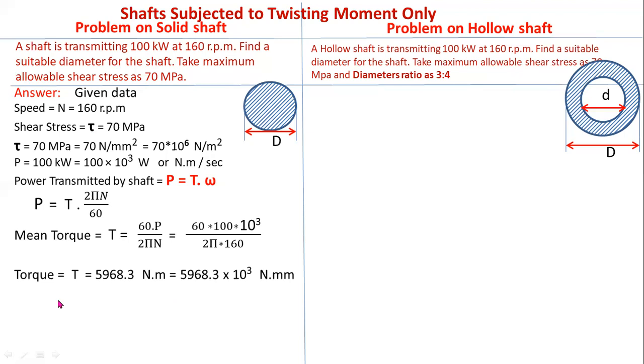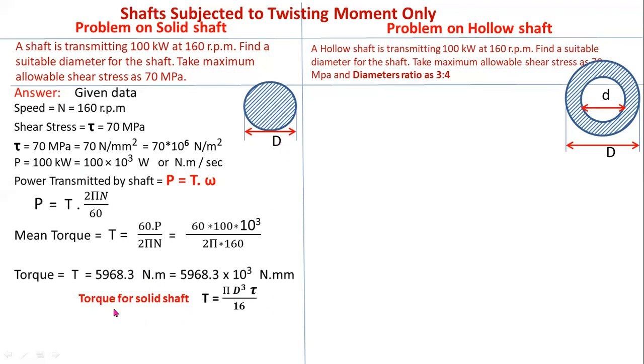Already we know that from the torsional equation, the torque for a solid shaft T equal to pi d cube by 16 into tau. Capital D is the outer diameter of the shaft.